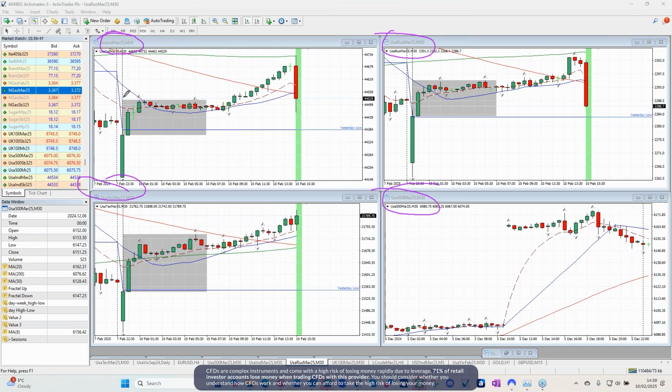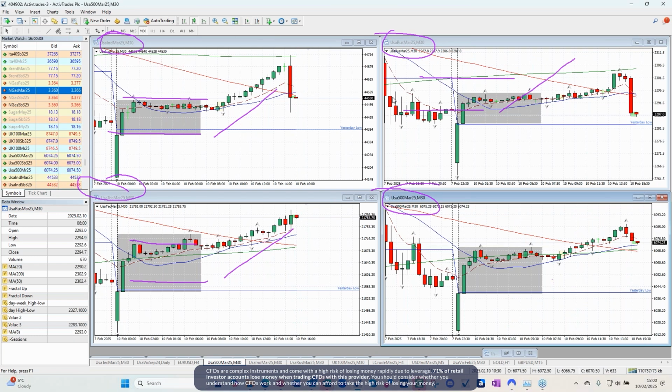You can see the Asian session, the London session, Asian session, London session, Asian session, London session. Let me just update that one a bit better. But you can see how that has basically responded in terms of the charts, the same thing.